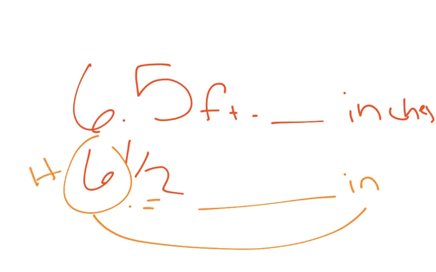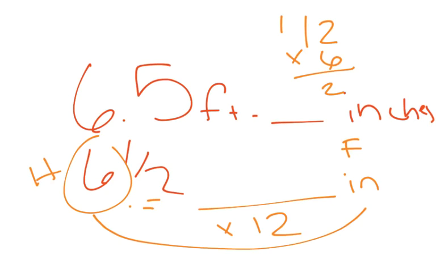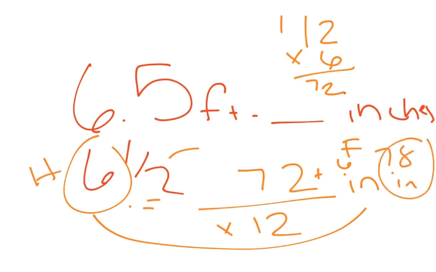Well, I'm going horse to fly, multiply, and I know there's 12 inches in a foot, so I'm going to multiply by 12. 6 times 12, I know is, just make sure, 2 times 6 is 12, 6 times 1 is 6, plus 1 is 7, 72. Now, I have to add a half of that. Well, half of a foot is 6 inches, so I'm just going to add 6 inches. So 72 inches plus 6 inches would really be 78 inches.